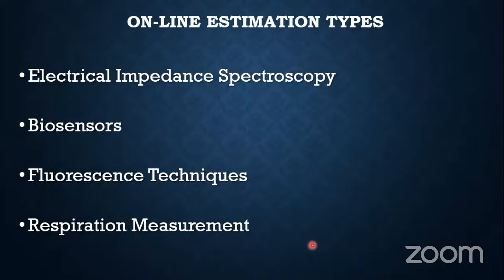So respiratory measurement is also an online estimation type, which allows us to know the increasing metabolic activity during growth of the organism. So the increasing metabolic activity will determine their level of oxygen consumption. If it keeps increasing, that indicates an increase in metabolic activity. If it's decreasing, then that means the cells are dying.